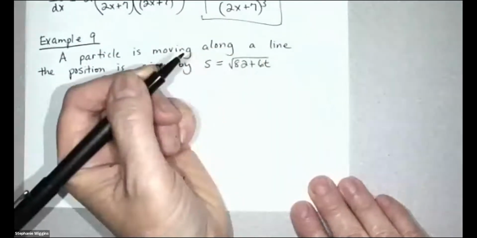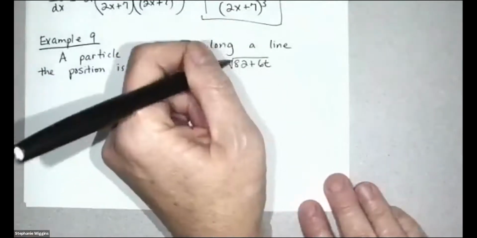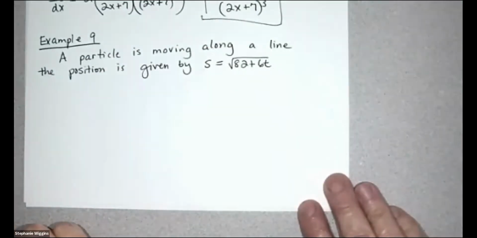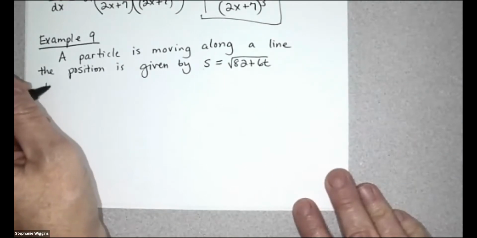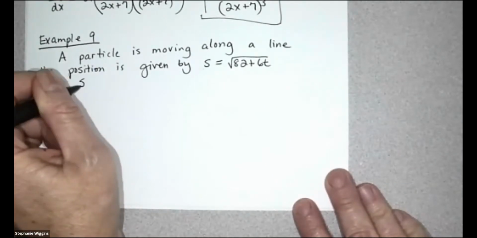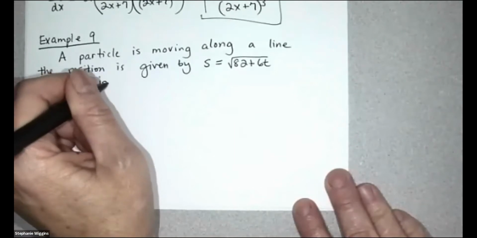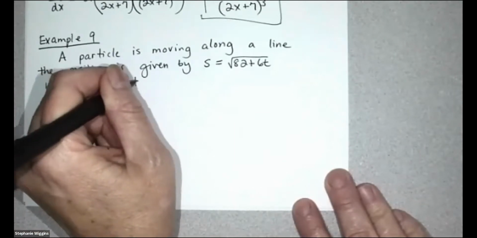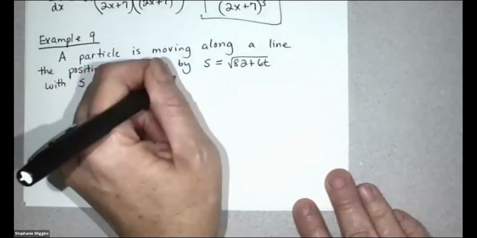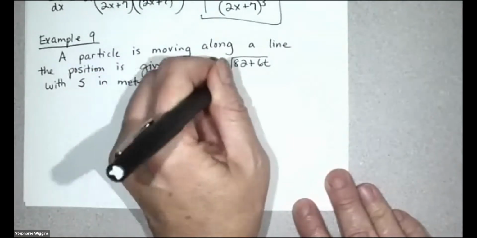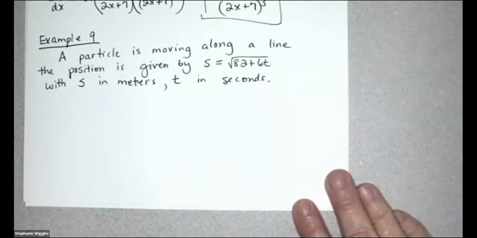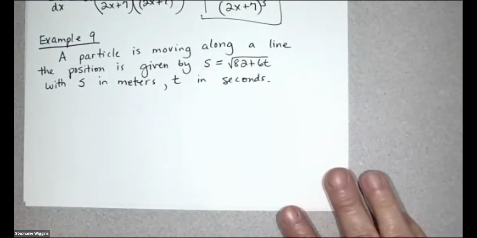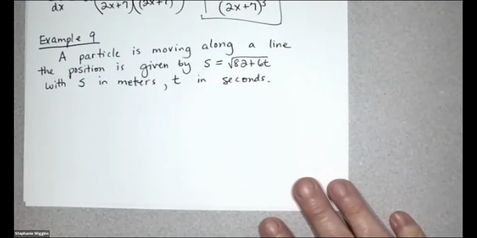T stands for time. S stands for position in physics. S is in meters. T is in seconds. Find the particle's rate of change at t equals 3 seconds.